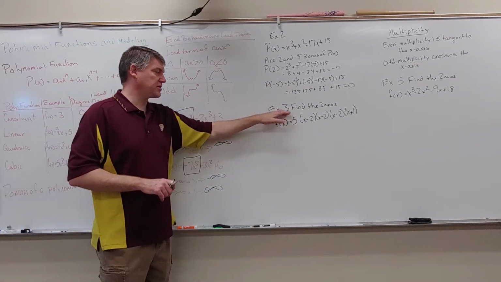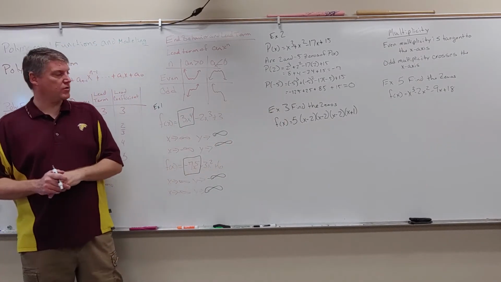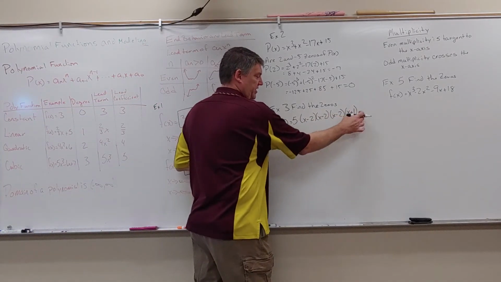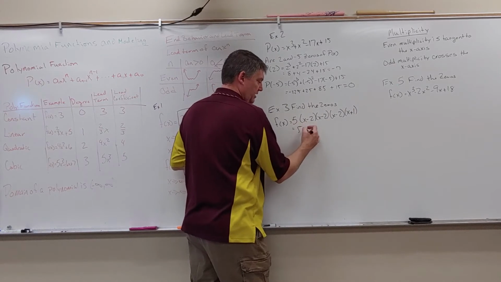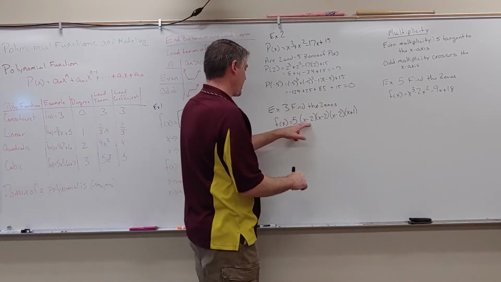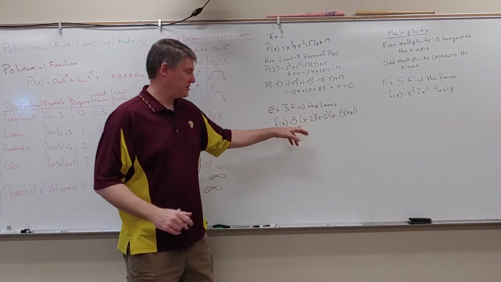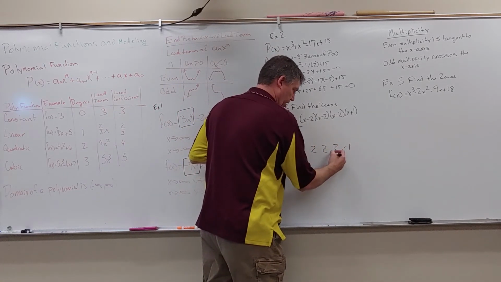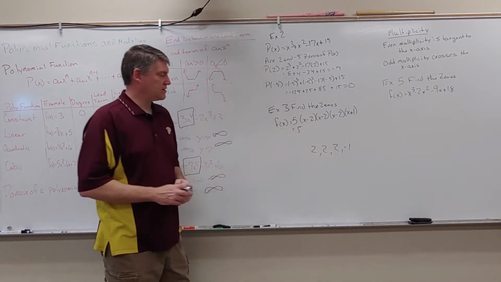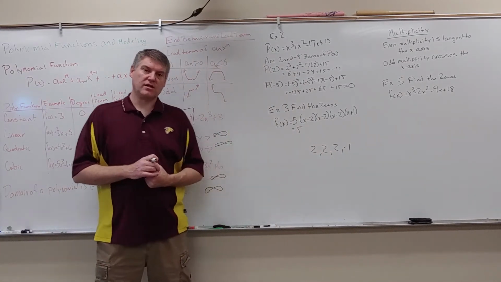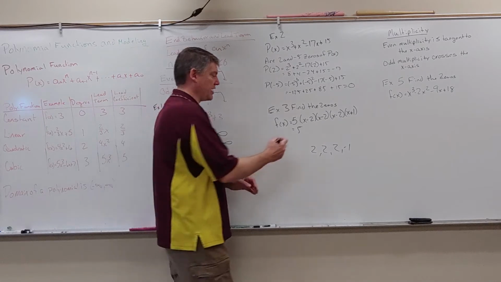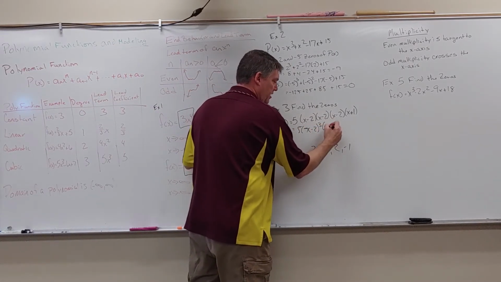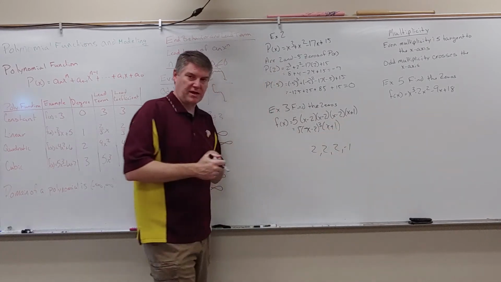The next thing we're going to do is find the zeros. Well, if this is my factored form here, I know that I have a 0 for each of these parentheses. So I could really look at this as, here I have 2 is a 0, 2 is a 0, 2 is a 0, and negative 1. And so this gives us what we call multiplicity. So multiplicity is when a number appears as a 0 multiple times.